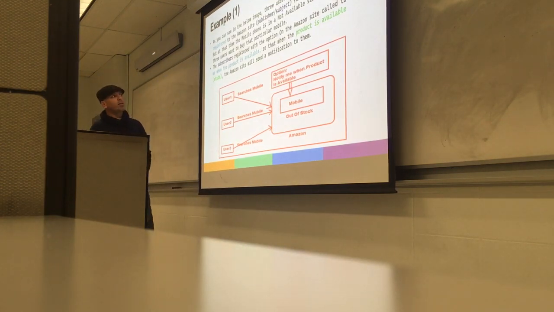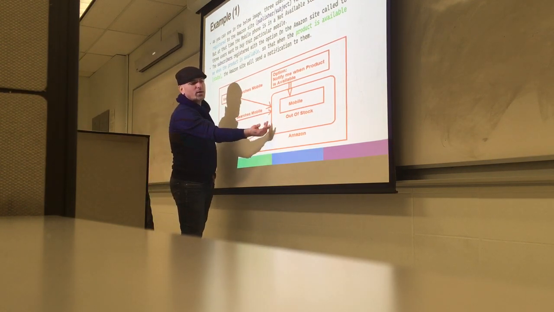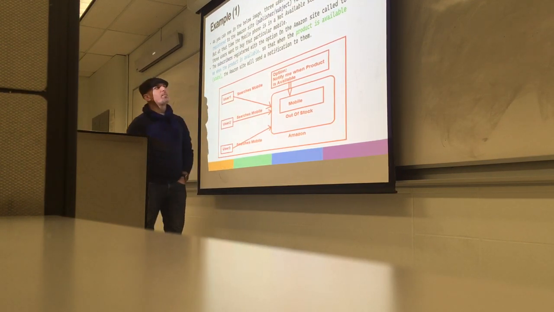But at that time, the mobile phone is not in an available state. But the 3 users below want to buy that particular mobile, so they just register one action in the subject.